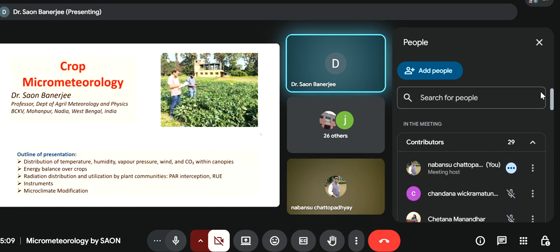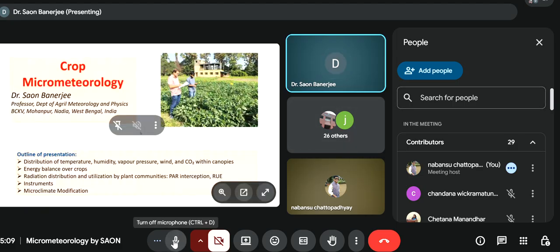Okay. So the crop micrometeorology. Today's topic is crop micrometeorology, and thank you, Dr. Chattopadhyay, for the nice introduction. So what we will cover today is how the temperature, humidity, vapor pressure, wind, and carbon dioxide, all these components, are distributed or varying within the crop canopies.